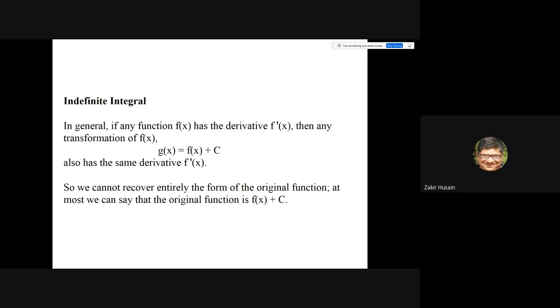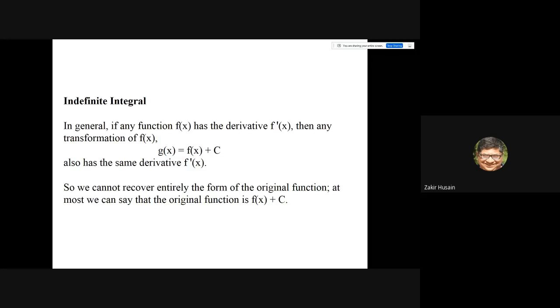So an indefinite integral can be defined as follows. We have a function f(x) whose derivative is f'(x). Then any transformation of f(x), that is g(x) equal to f(x) plus c, will also have the same derivative f'(x). So whether it is f(x) or f(x) plus c, we will get the same derivative.